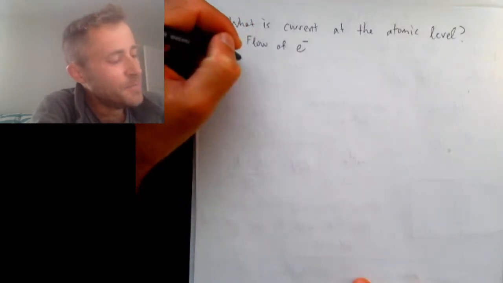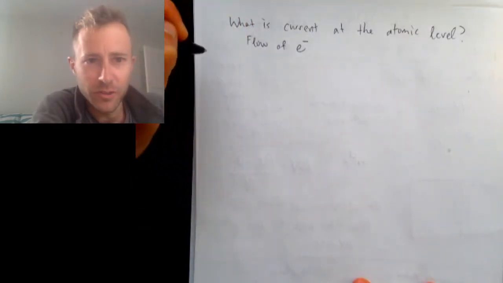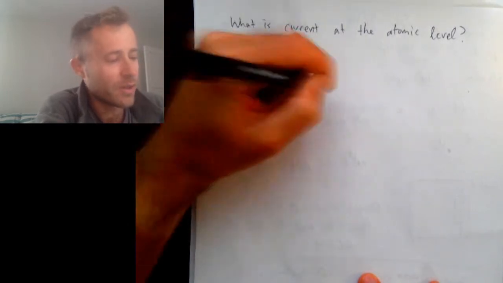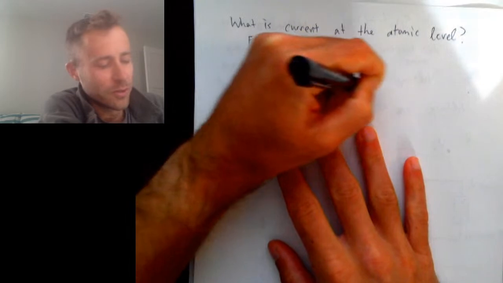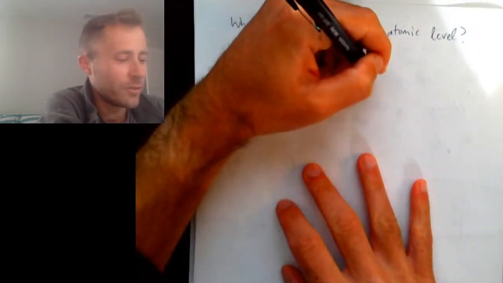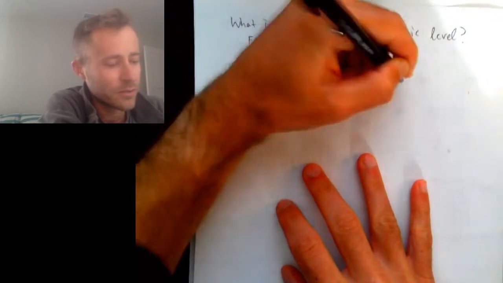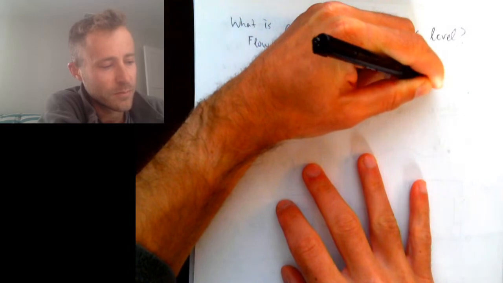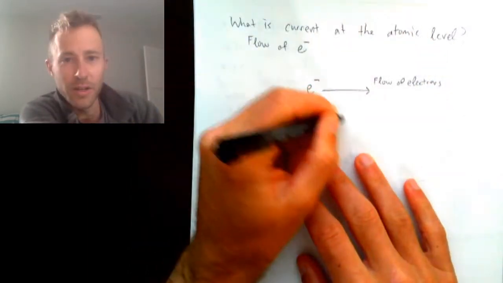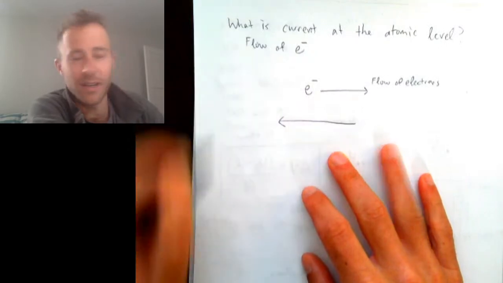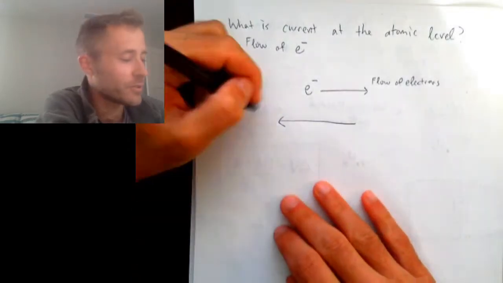Yeah. Now here's something that's interesting. If the electrons themselves are flowing this way, okay, so this is the flow of electrons, then the current is actually defined as flowing in the opposite direction.